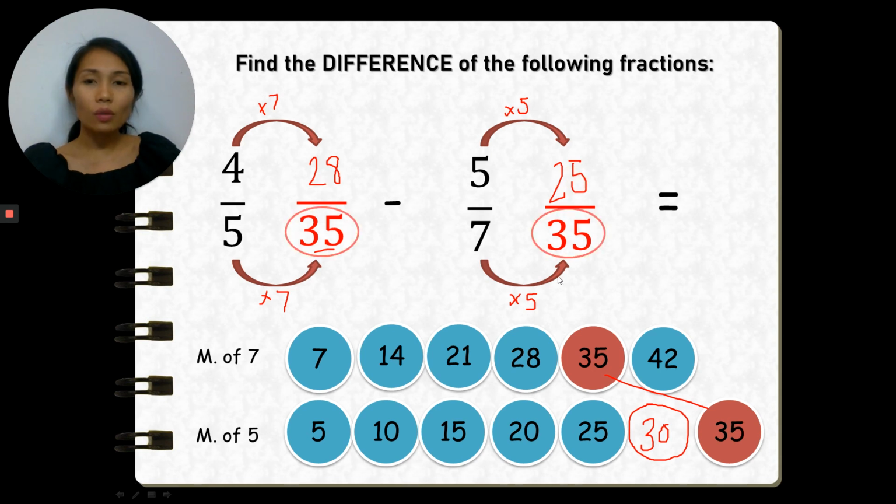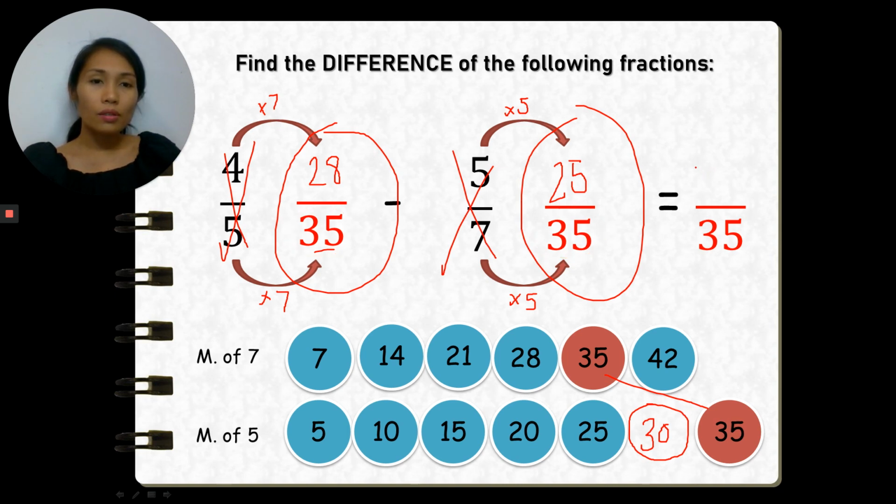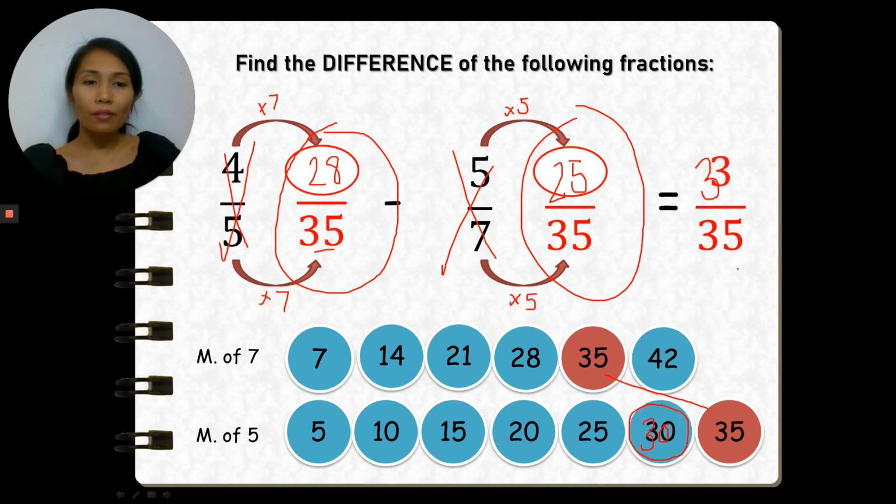Now that we got the same denominator, we will not use the old fractions anymore. So 35 is our new denominator, and 28 minus 25 equals 3. So that's our answer, 3 over 35.